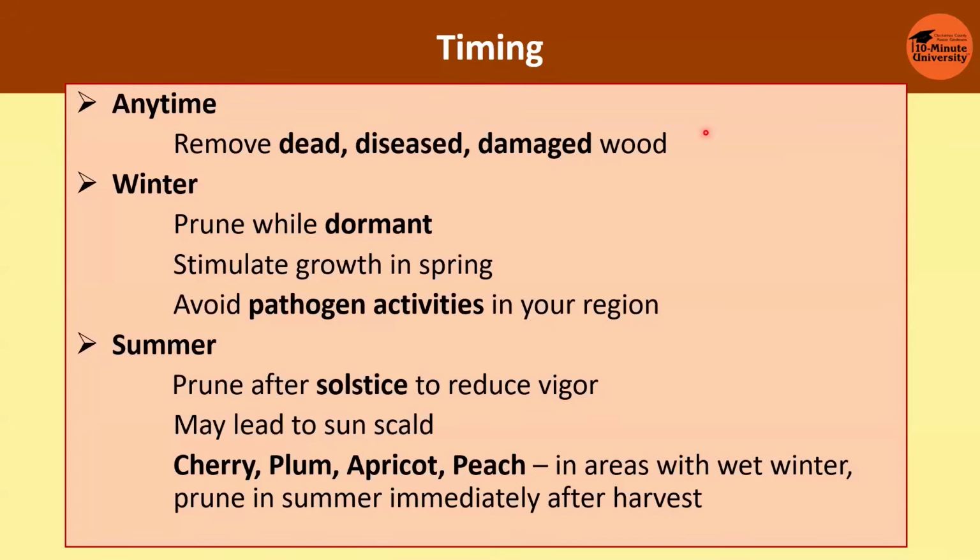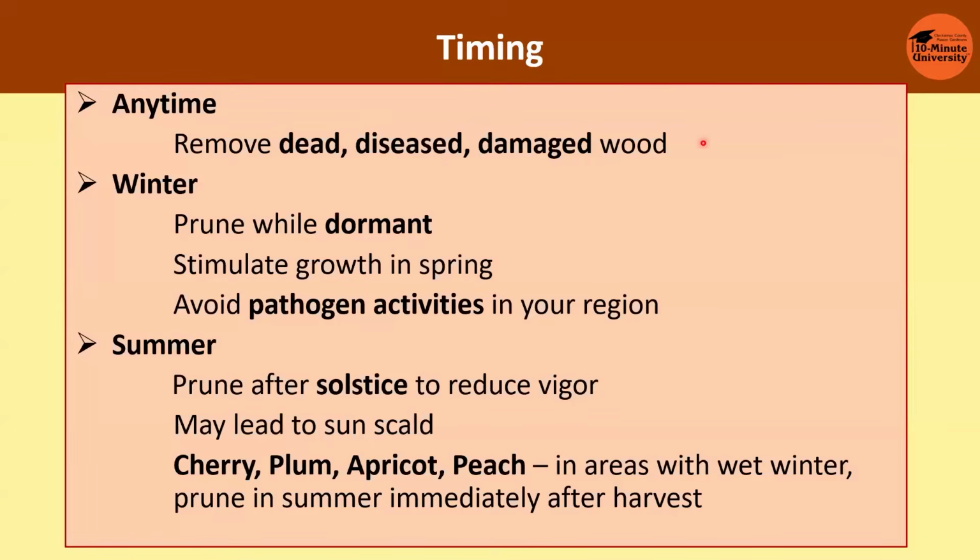Now, summer pruning is also a good strategy, especially if you have trees that are very vigorous. And when you're pruning in the summer, you don't get the same kind of vigorous growth response as you do in the winter. But if we over prune in removing the foliage, we can lead to sunburn or sunscald, both in foliage and in fruits.